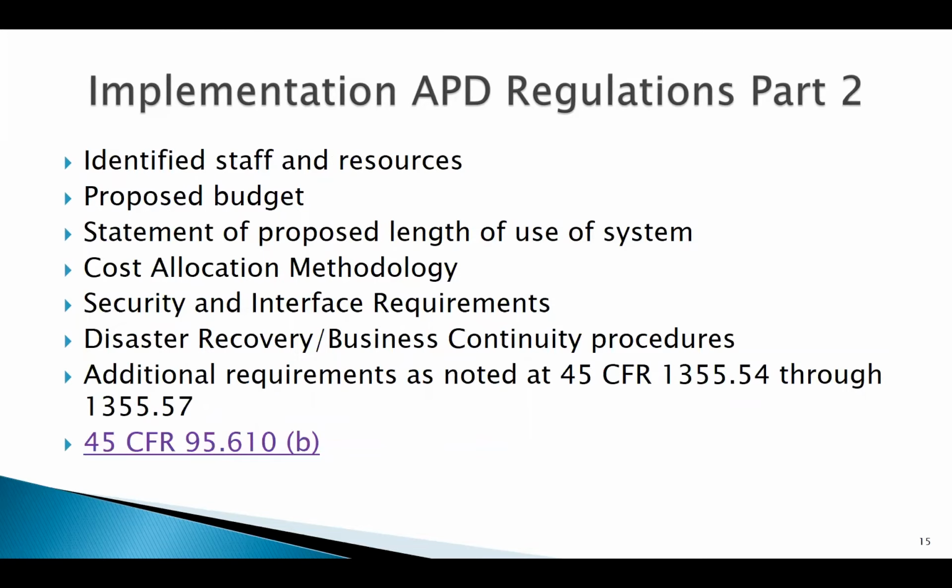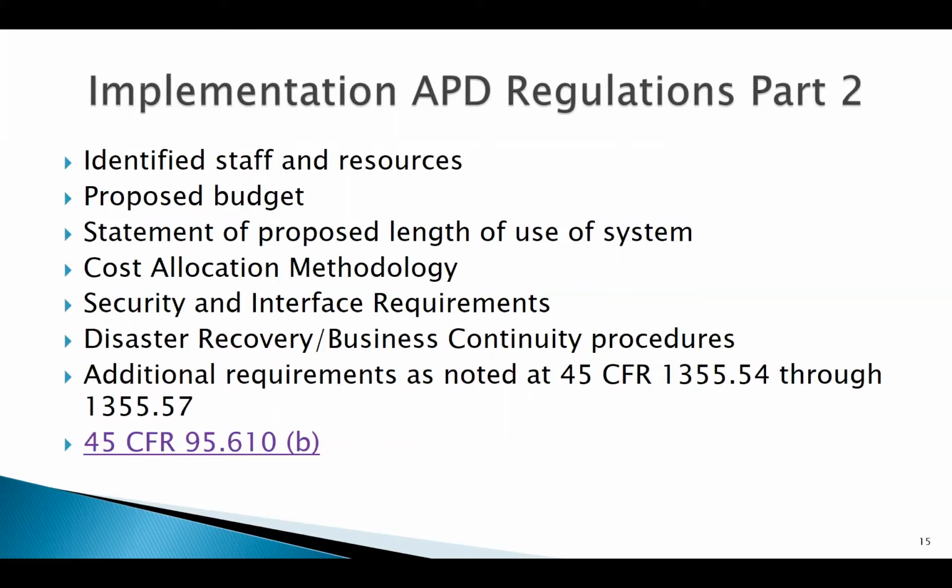So you will have identified the staff and resources that you need. We can't stress this enough: make sure that you have the right staff and the right resources in place to make your project successful.